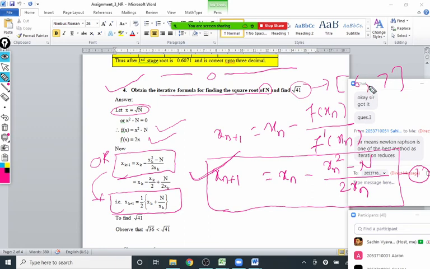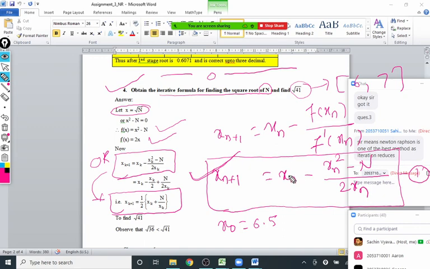If you take x0 equal to 7, 6, or 6.5, your iteration values may be a little different, but the answer will be unique at the end. You should take the value which is closer to the root. Since root 41 is about 6.40, the best value is either 6 or 6.5. So let x0 equal 6.5; that's better.